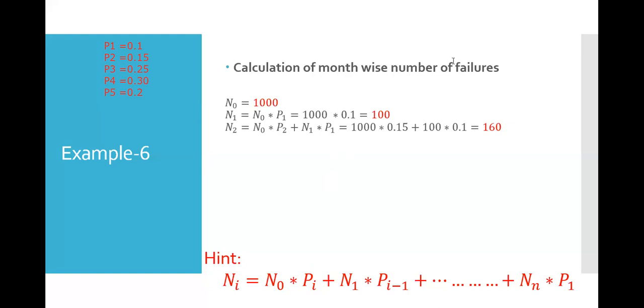These are the probabilities that you can see on the upper left-hand corner, and find out N3, N4 and N5.